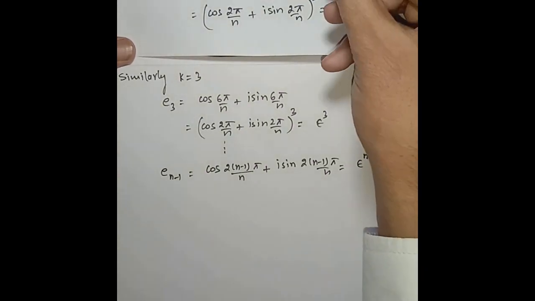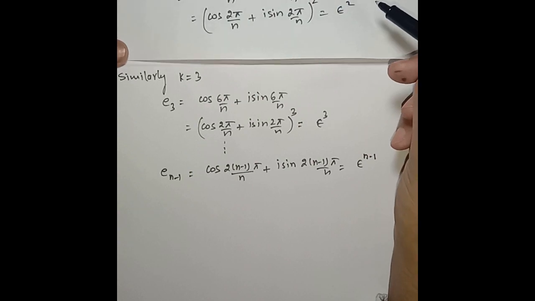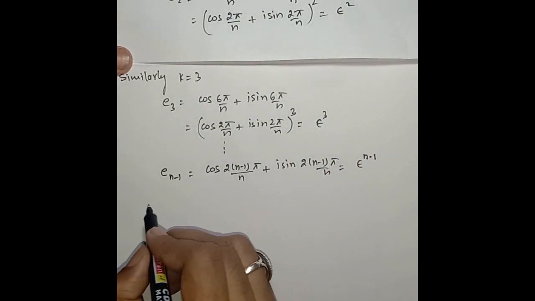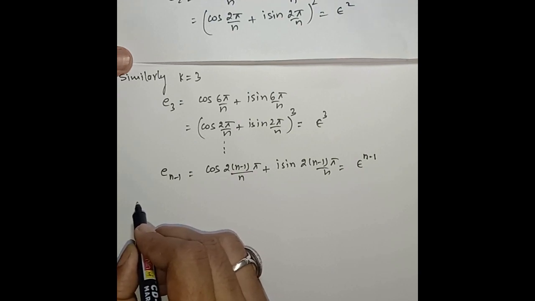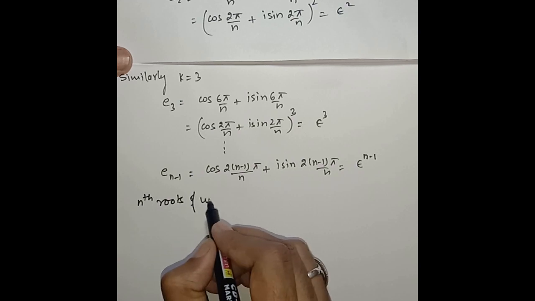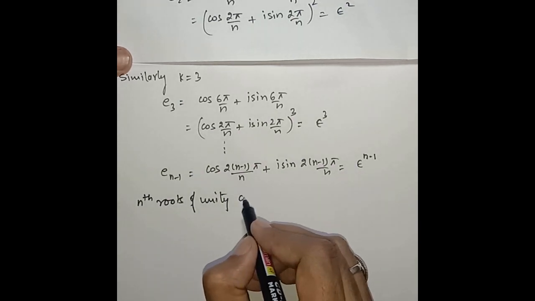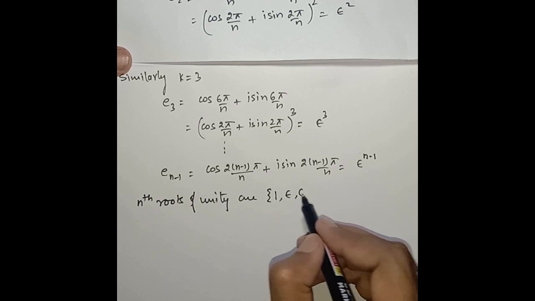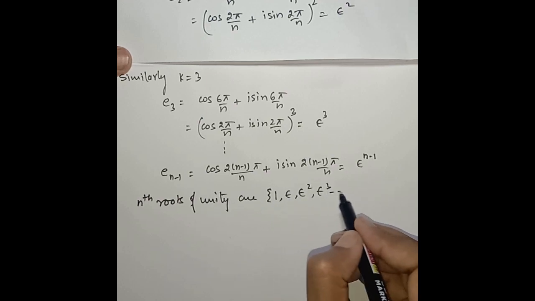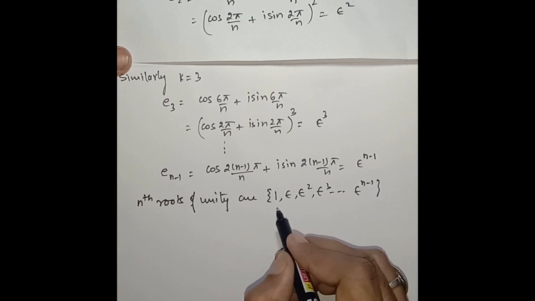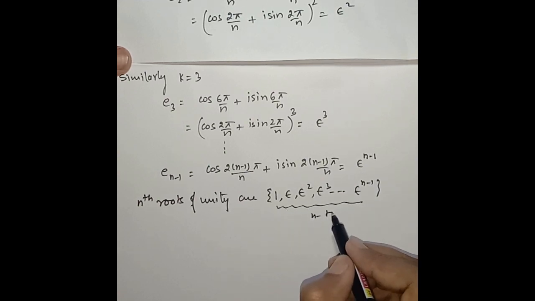So we have the nth roots of unity. That means the nth roots of unity are 1, epsilon, epsilon square, epsilon to the power 3, and so on, epsilon to the power n minus 1. We have n roots.